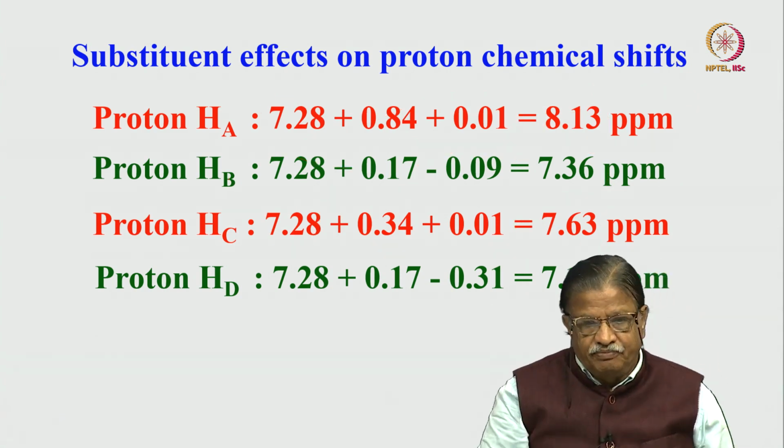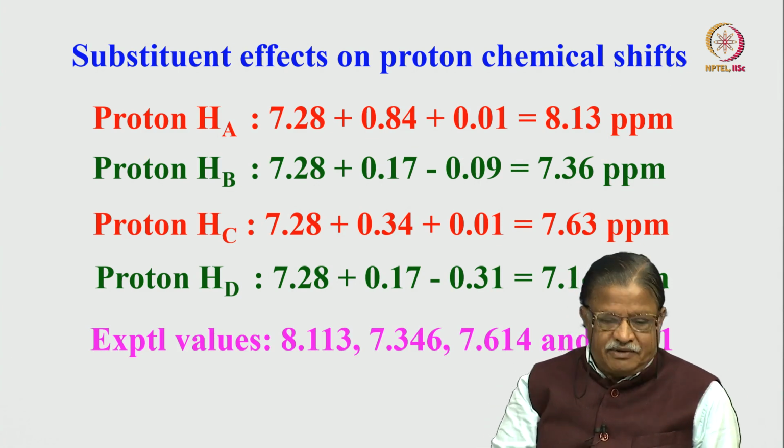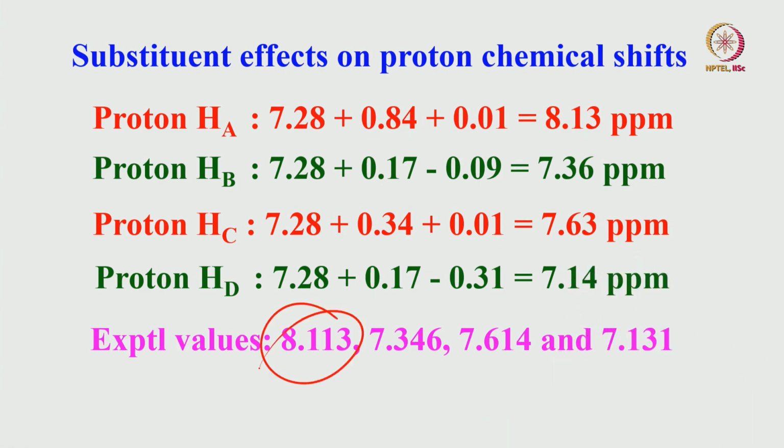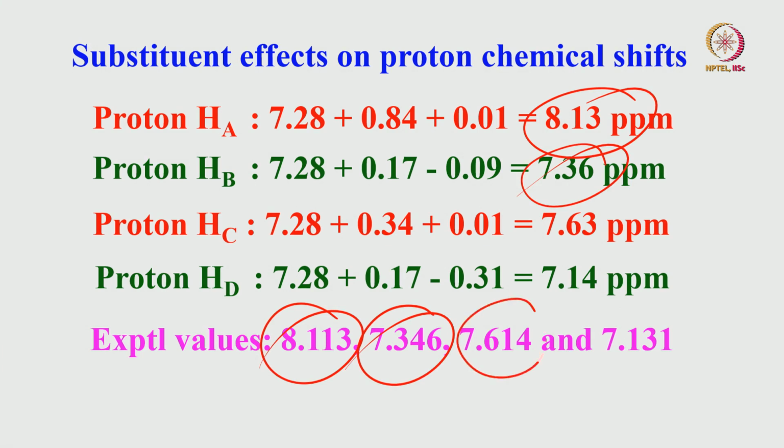Now, what are the experimental values? These are the experimental values. Look at it: 8.113, this is 8.13, 7.346, 7.36, 7.61, 7.63. Fairly accurate. Very precisely we could do that. You see, we can predict the values of the proton chemical shifts.